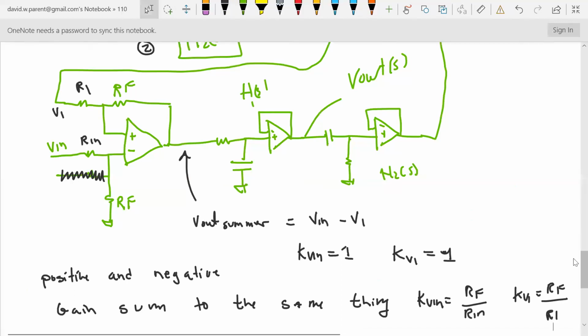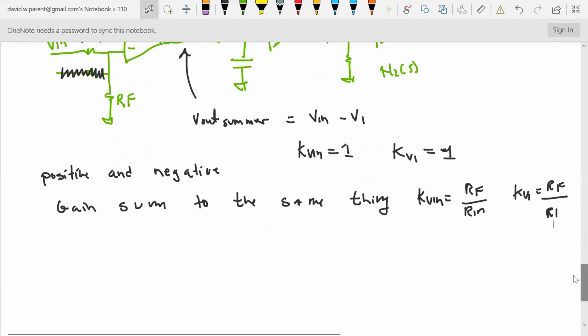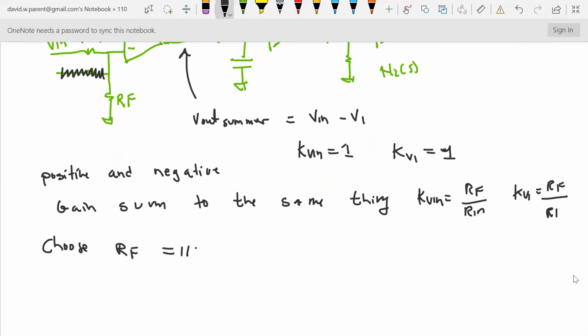Well, choose RF to be 100 kiloohms. Then RN equals R1 equals 100 kiloohms.